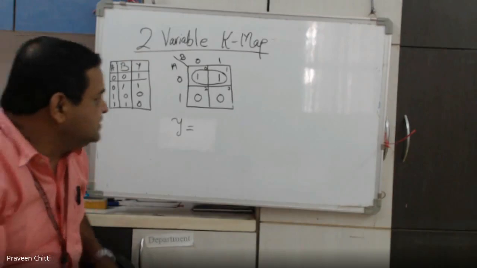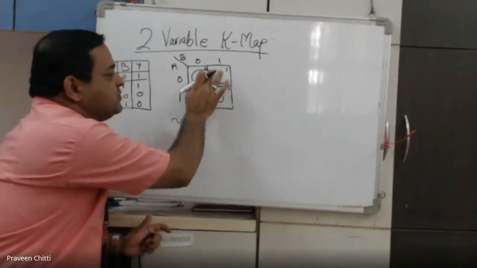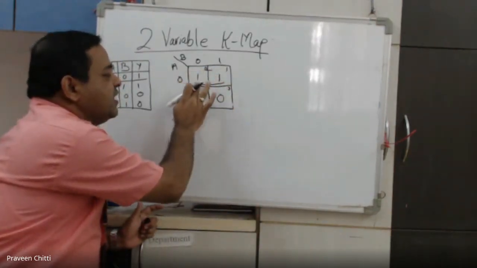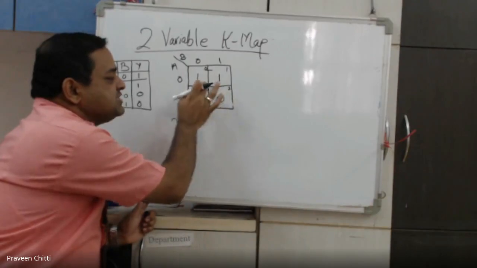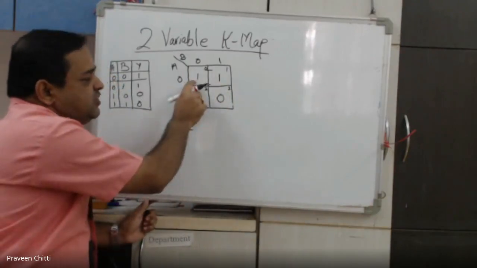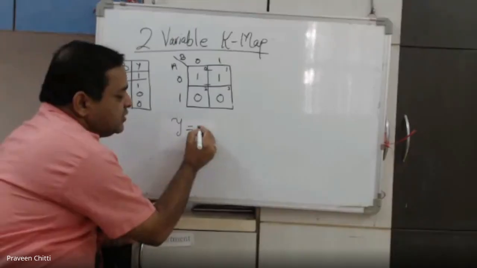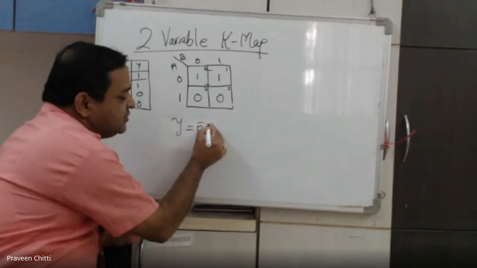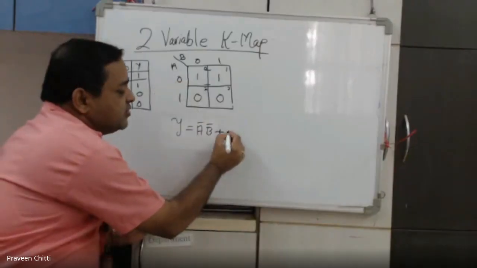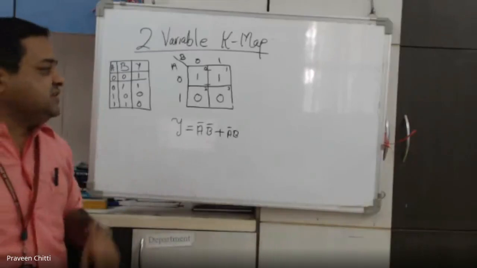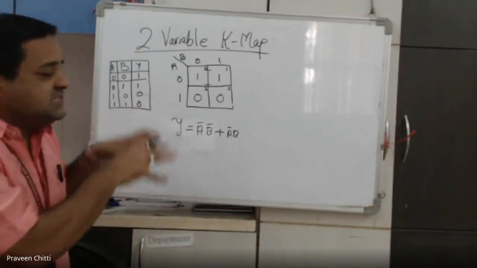Suppose I don't form this group, and I write the expression directly as it is: corresponding to this one, it is A bar B bar, and corresponding to this one, it is A bar B. This is the expression we get as it is.